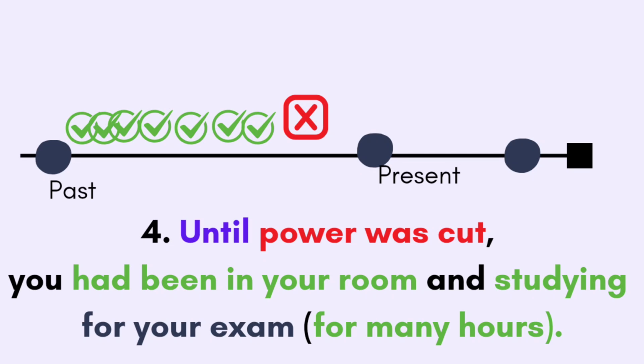I hope this is clear, right? So in past perfect continuous tense, we mention the duration of an action, like how long, for hours, for years, like that. In past continuous, we don't mention the duration of an action.